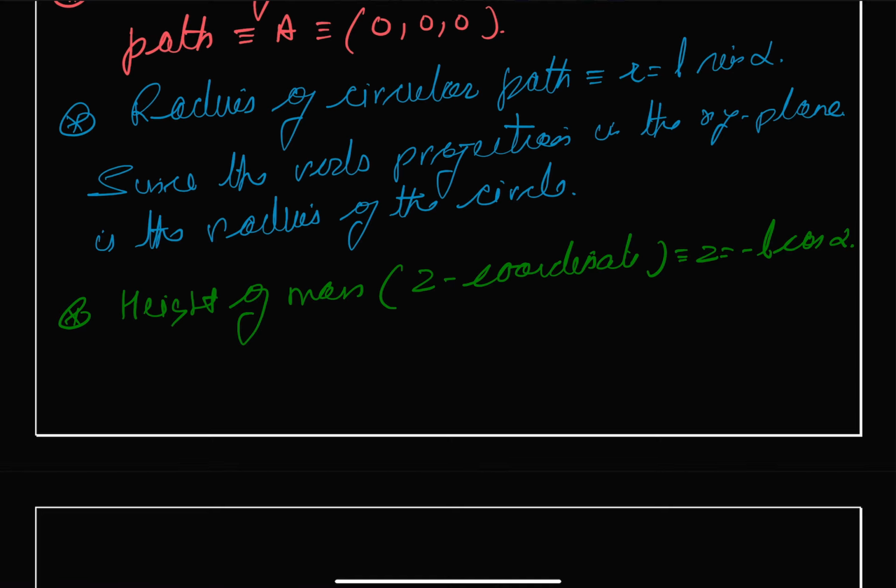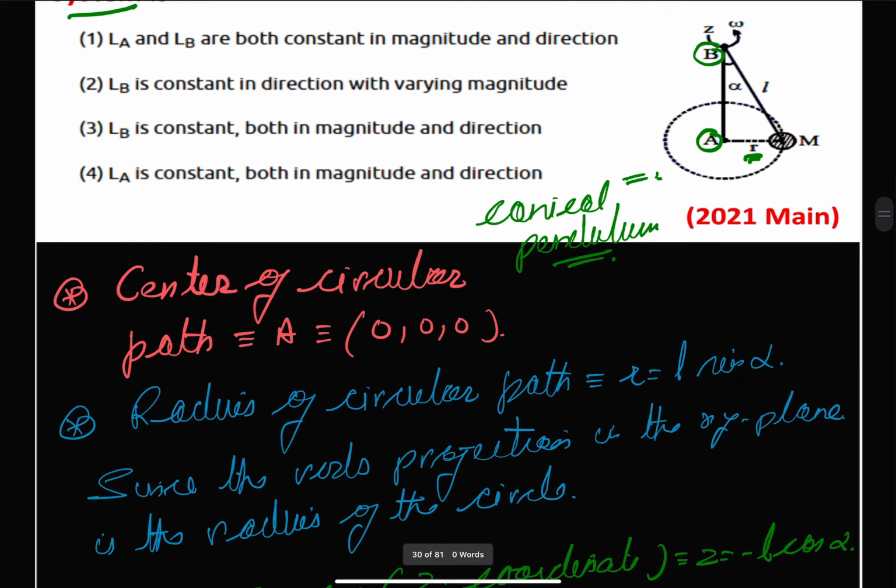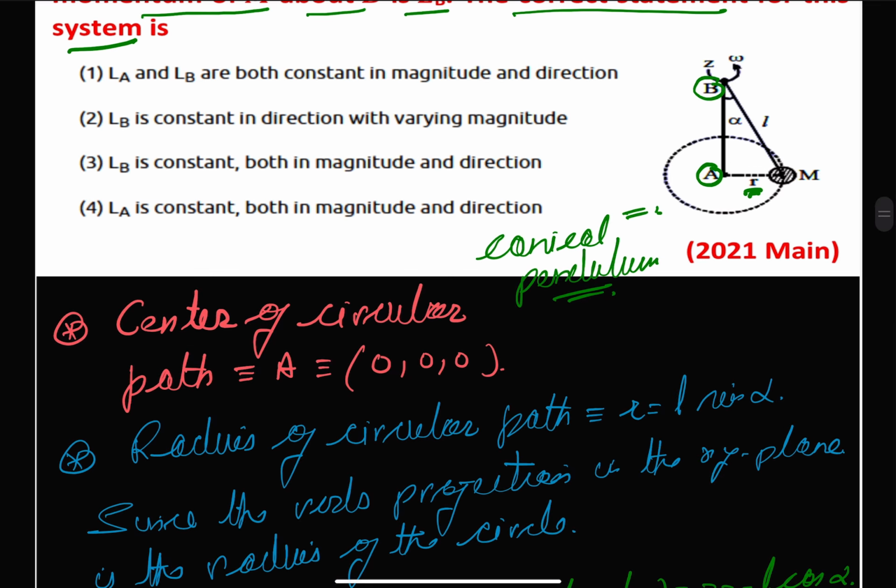Okay, we will deal with that later on. And it is given in the figure that point B is directly above point A, and the height is h, so this height is our h.